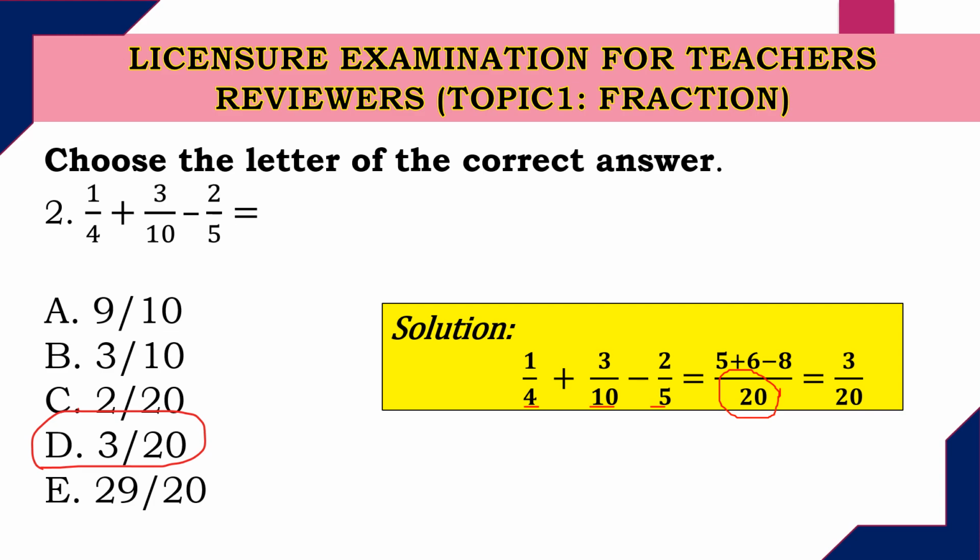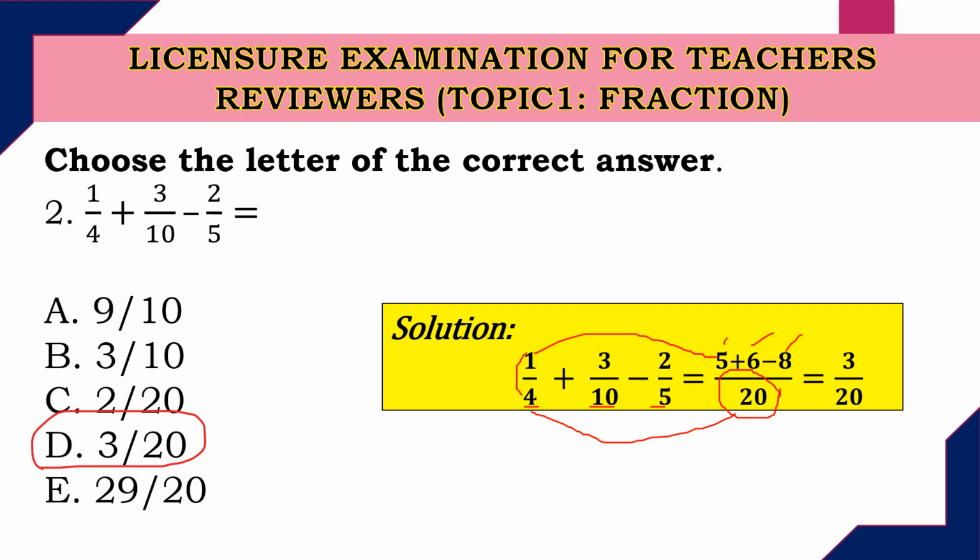So, 20 is the least common multiple of 4, 10, and 5. At papaano naman po nakuha yung 5, 6, at 8 sa taas? Yan po ay nakuha by dividing the least common multiple by the 3 denominators. So, 20 divided by 4 is 5, times 1 is 5, kaya nakuha yung 5.